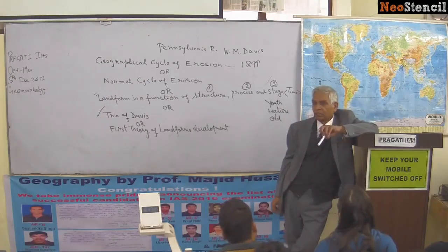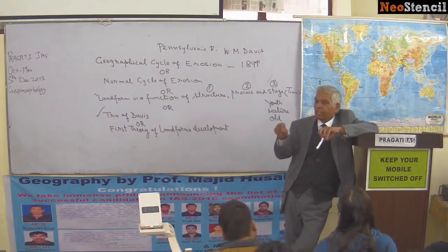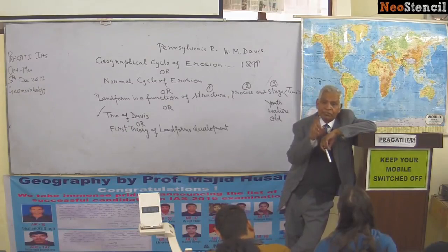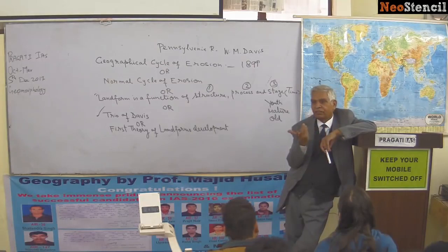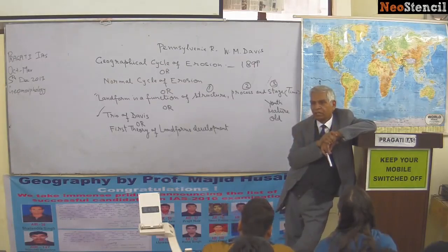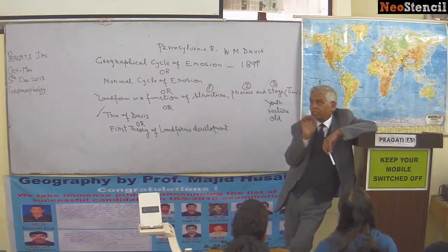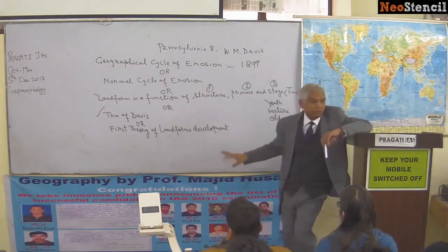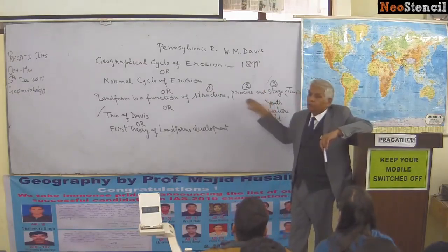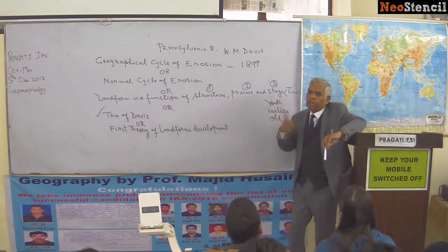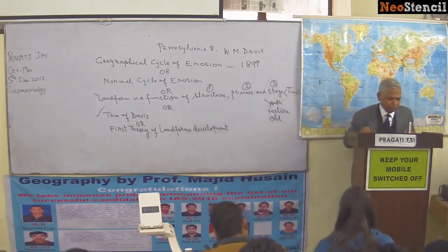This fellow was influenced by Charles Darwin, and said not only living organisms struggle, the non-living also survive through struggle. Write simple sentences like this. A lot is written in the book, which is not useful from the examination point of view, but we have to be very crystal clear. Now if the question is in this form, you can explain what is the structure, what is process, and what is the stage. Pass on to the next aspect.